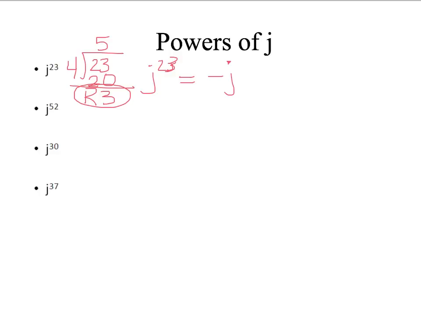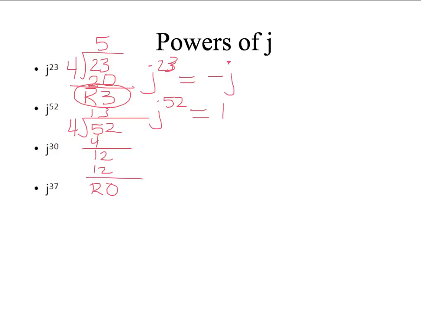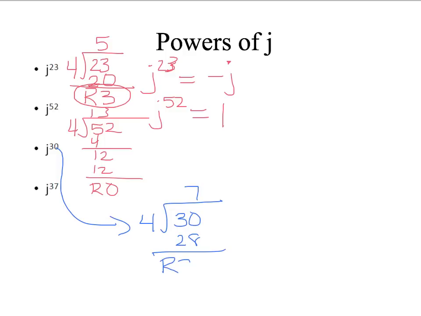And then j to the 52nd power, we divide 4 into 52. We get a remainder of 0. So j to the 52nd power, with a remainder of 0, will simplify to the same thing as j to the fourth power, which is 1. J to the 30th, if we divide 4 into 30, we get a remainder of 2.